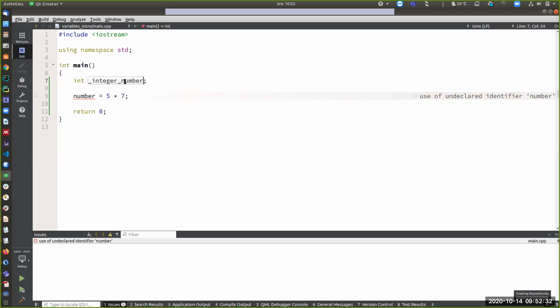I suggest you create descriptive variable names, to describe what the variable does, because it's easier to understand the code when the variable tells us its purpose. Okay.